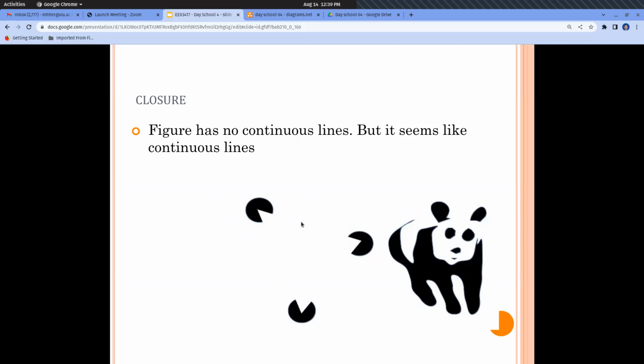There are only half circles, some cut corners, and three circles. Here also you can see a panda, but there are no continuous lines.